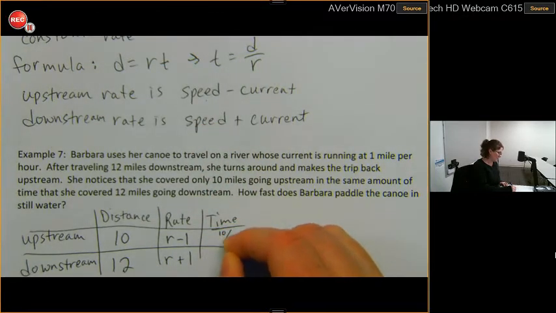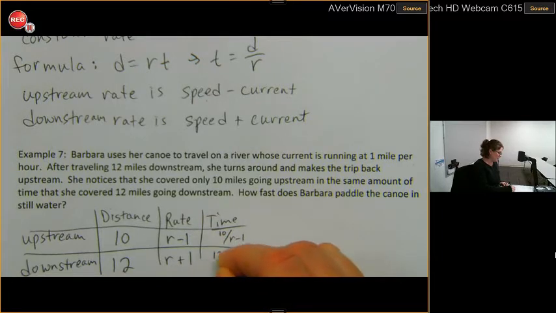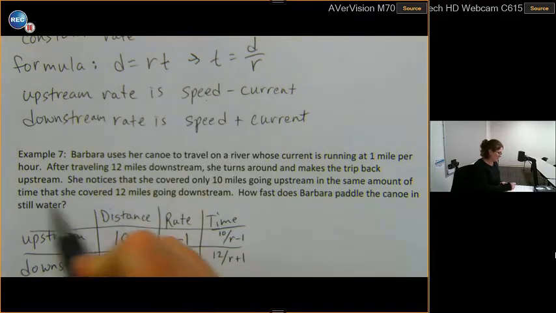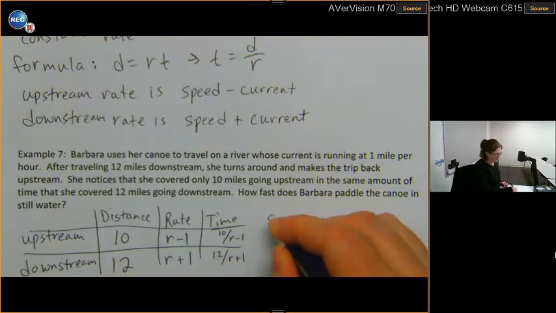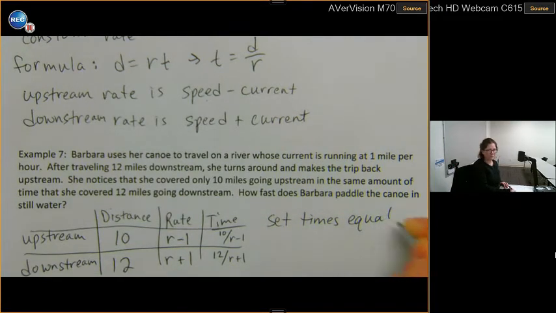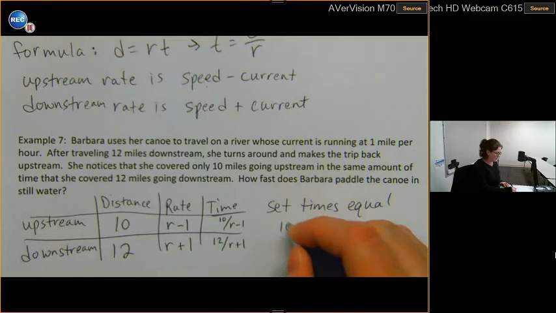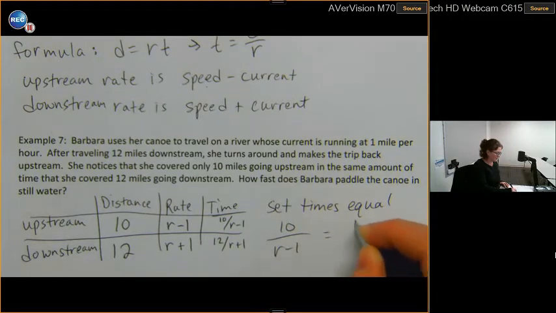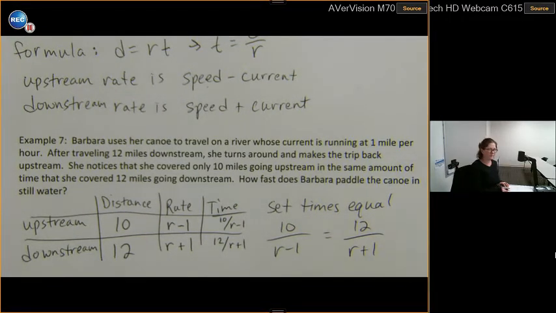So 10 over R minus 1 and 12 over R plus 1. And it says somewhere in here that the time is the same, in the same amount of time. So we're going to set our times equal. 10 over R minus 1 equals 12 over R plus 1.